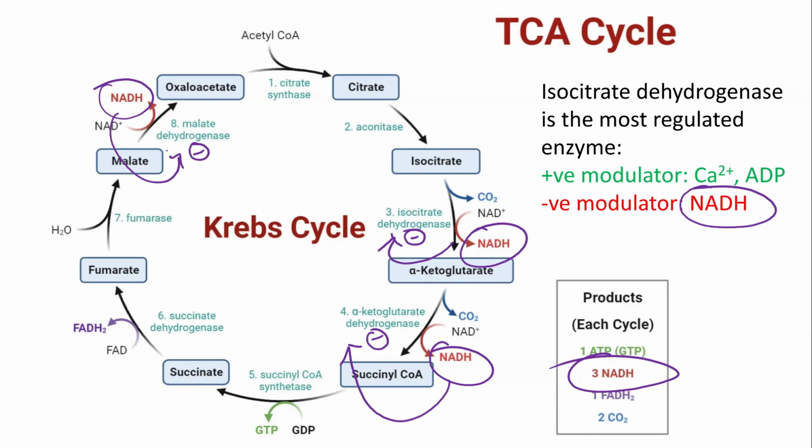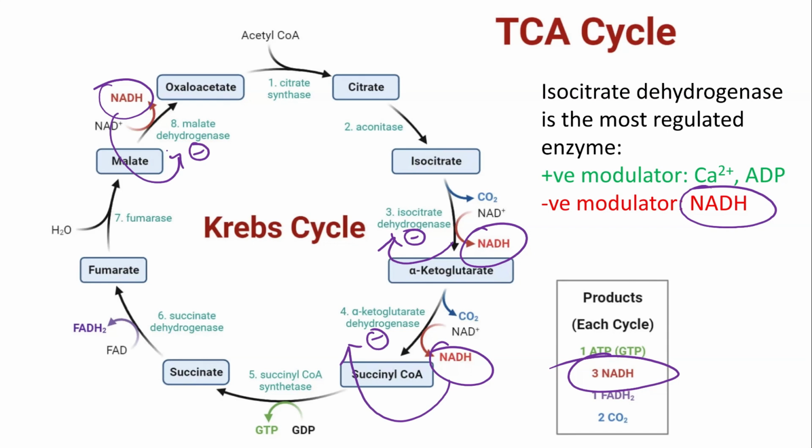So NADH not only has a negative effect on isocitrate dehydrogenase, it also has a negative effect on the other 2 enzymes which are making it: alpha ketoglutarate dehydrogenase complex and malate dehydrogenase. Okay. So that's how the TCA cycle is regulated.